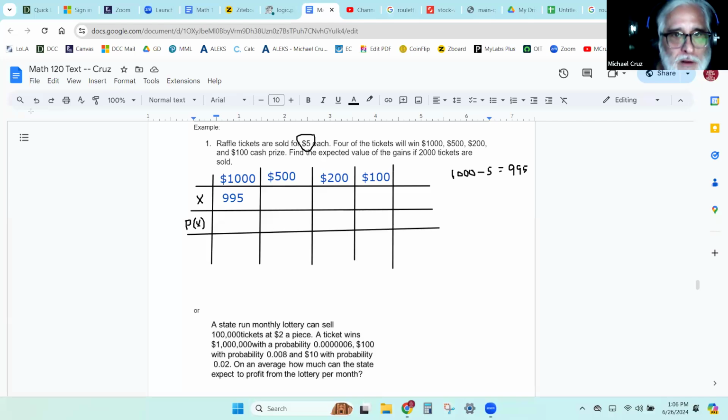So what's our outcome then for this one? It's 450, right? Oh, I'm sorry, 495. And with this one, it'd be 195. And then here, just 95. Okay, there's our outcome. That's what we receive net if we win the $1,000, because we've already paid $5 to play.